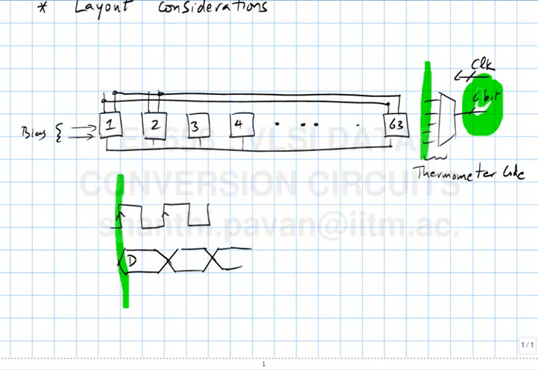In other words, even though you assert the command signal saying this cell go on at the same time, which we know is not possible because of logic delays inside the decoder, due to the way the current cells are laid out, some of these cells will turn on at different times. Between the time the enable signal is asserted at the decoder and the time it takes for the cell to actually turn on, the delay will be dependent on the location of the cell in the array.